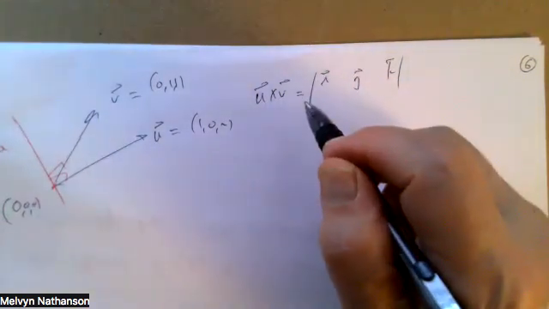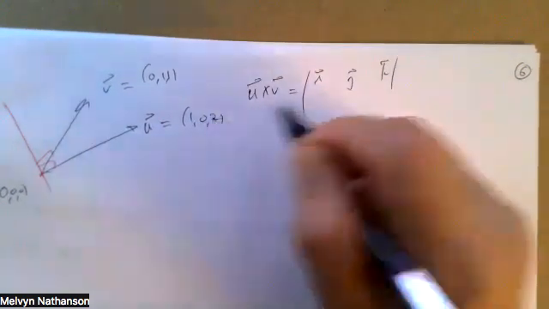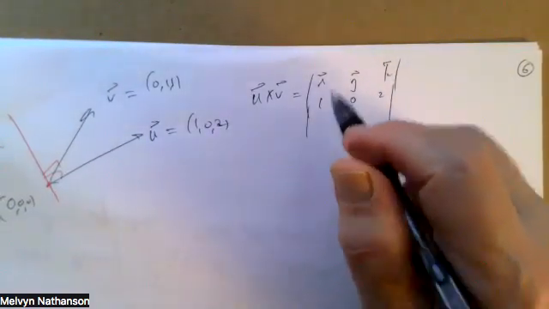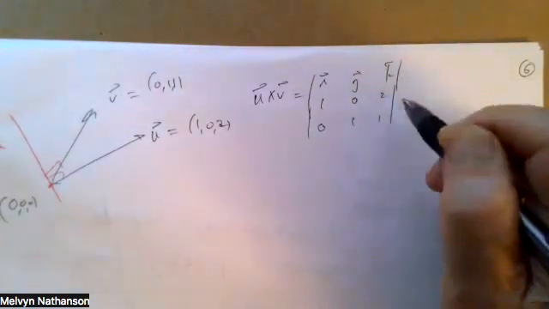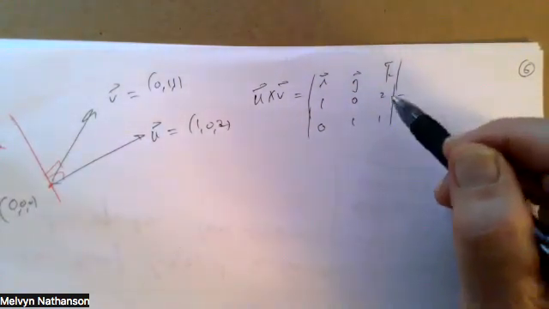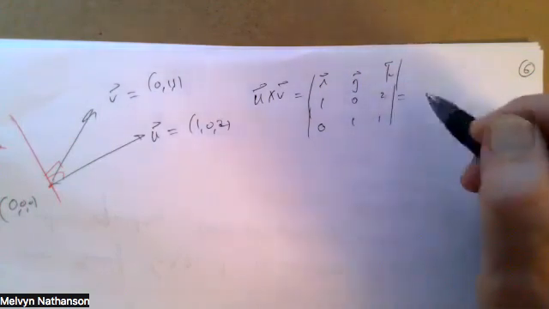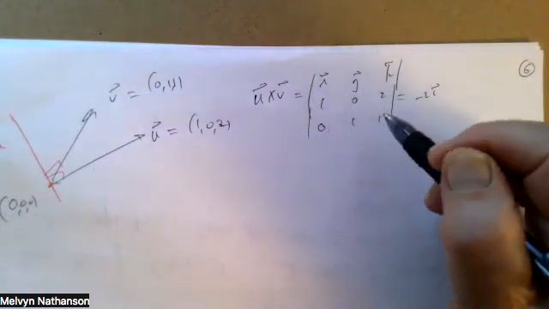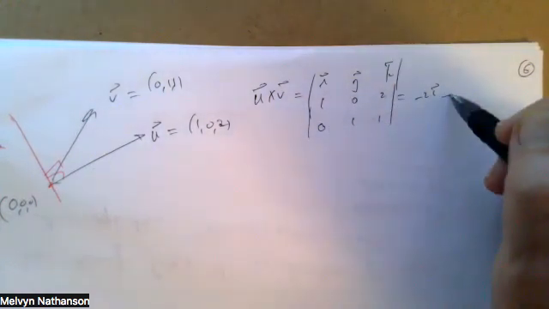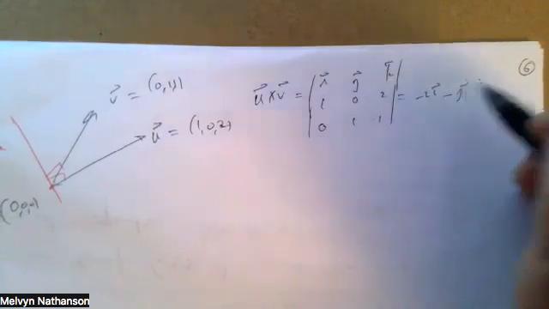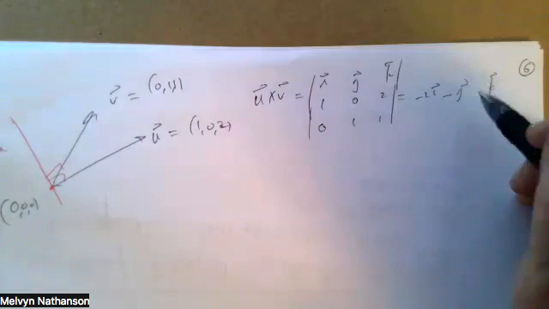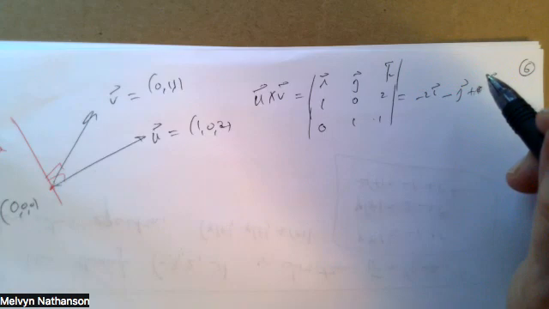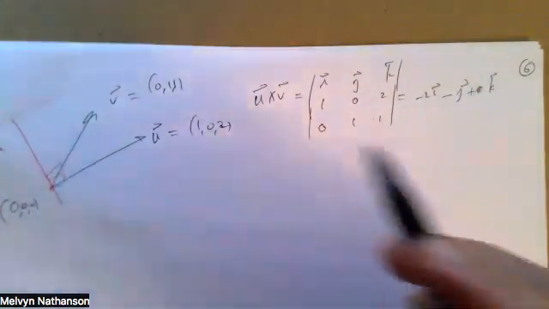U is 1, 0, 2. V is 0, 1, 1. So when you take that cross product, the coefficient of i is 0 minus 2. Let's see, this determinant is 1, so it's minus 1 times j. And what is the coordinate of k? It's also 1. So the vector u cross v is perpendicular to both of these vectors.